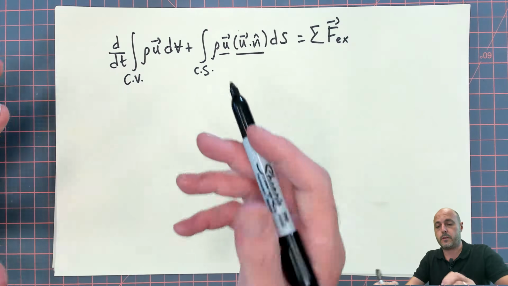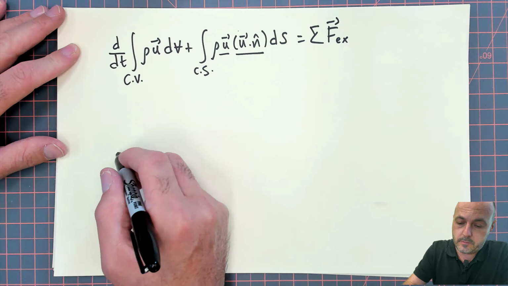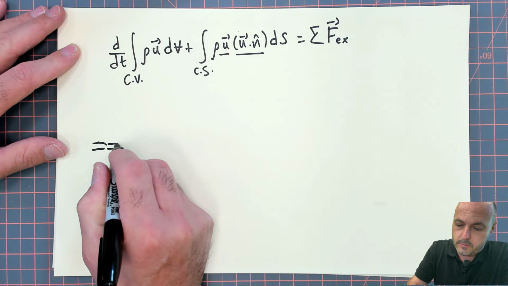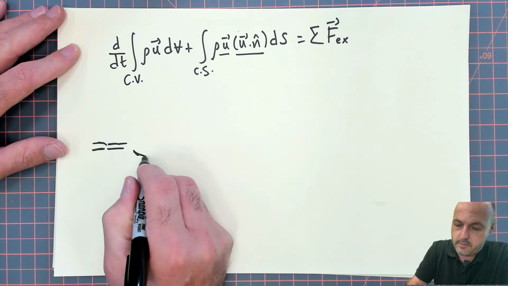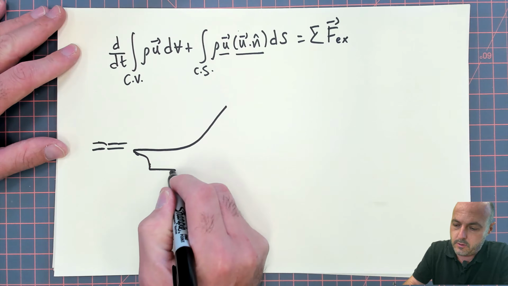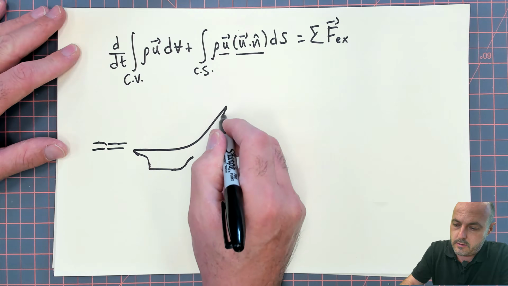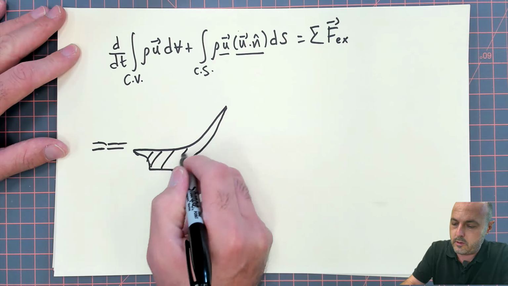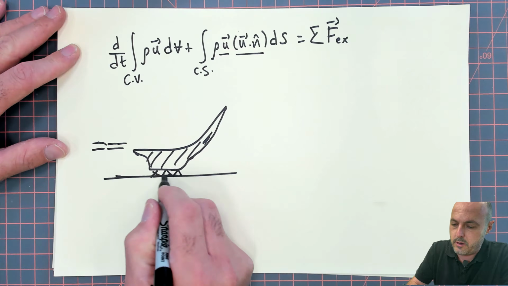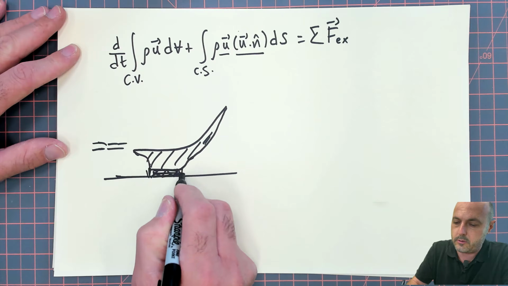We are going to consider a jet, a stream that is being launched on some kind of vane that is going to deflect the flow, in this direction. This is a solid, and it is anchored to the ground.